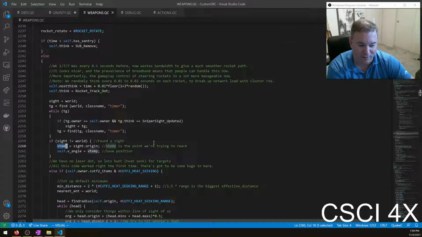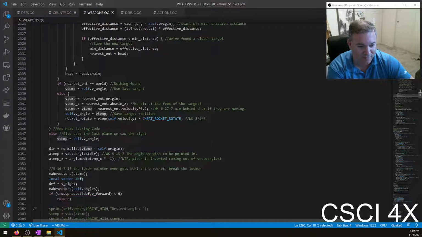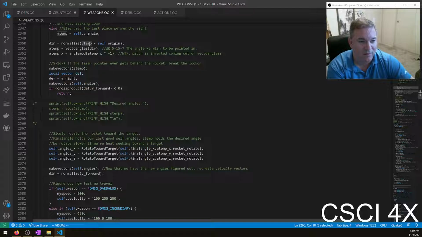It just writes down the location that the dot's at. That's all it does. And then all this heat-seeking code we can skip because we're not doing that right now. If the person lets go of the laser dot, then it will use the last place that the laser dot was found, and so it'll just keep flying towards that point.